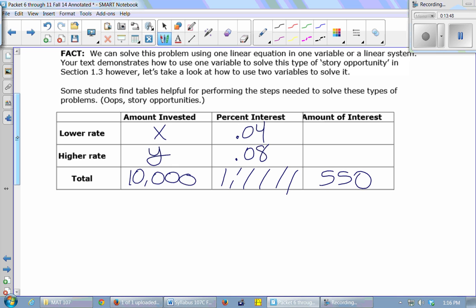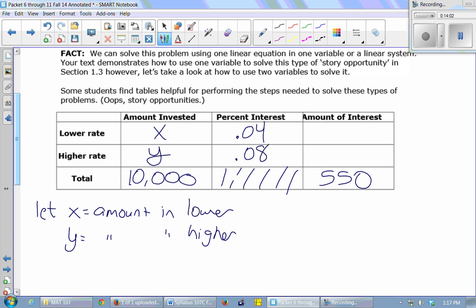Officially, I should write let X equal amount in lower rate and Y equal amount in the higher rate. So just like last class, first search out the question and use it to define your variables. Then we fill in all this chart.